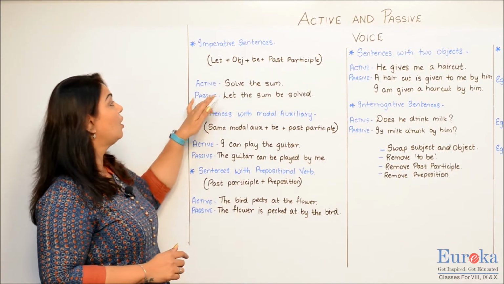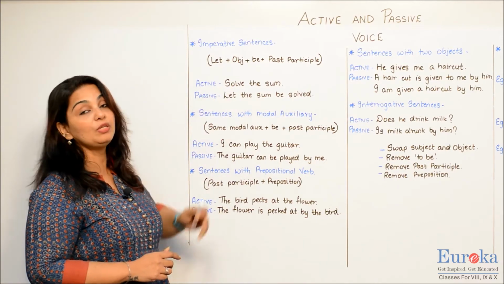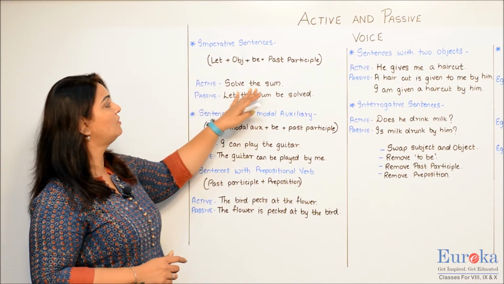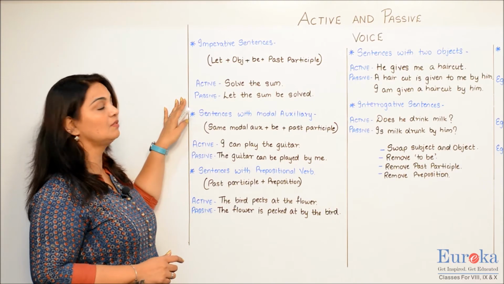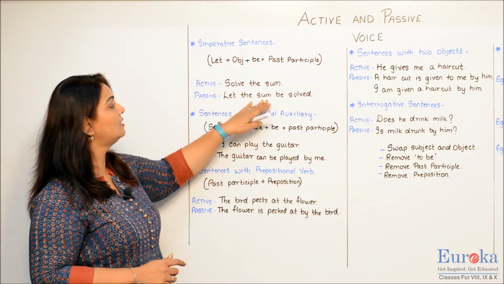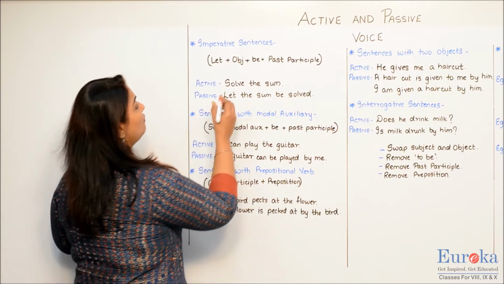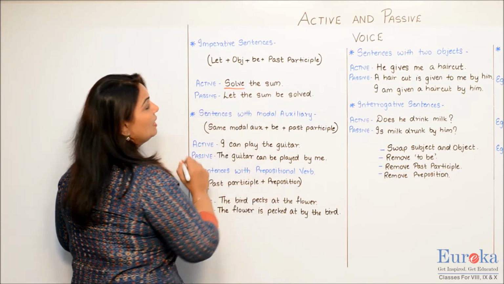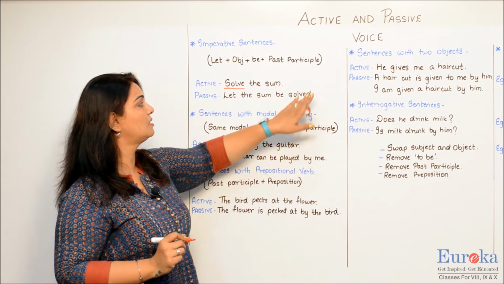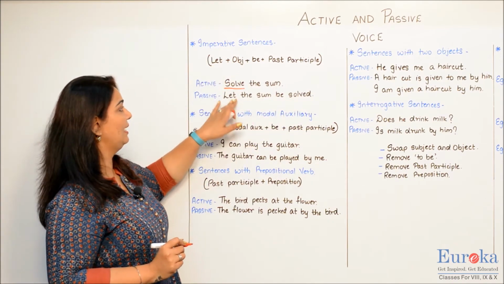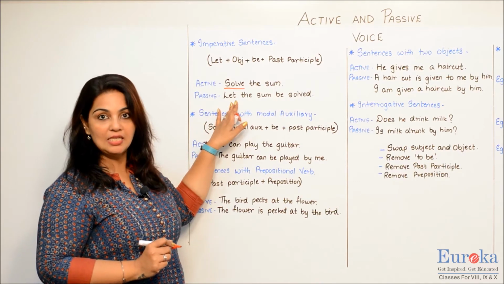So over here again when we look at the sentence we do not have a subject. So the active voice is "Solve the sum." The passive voice is converted as "Let the sum be solved." Over here solve, being your main verb, gets converted to a past participle, solved. You have the be and let which is added to the sentence.